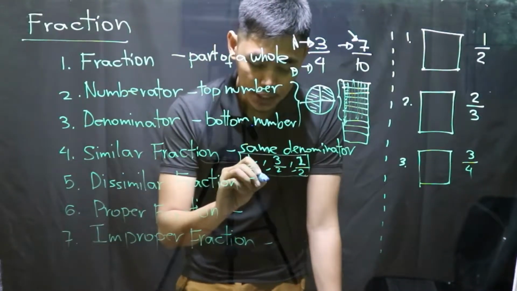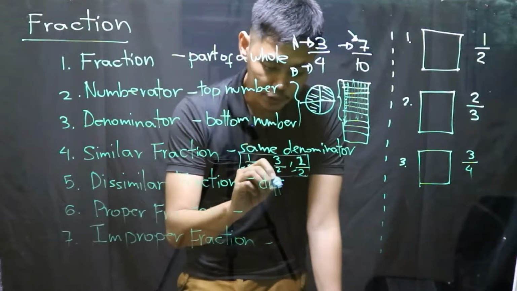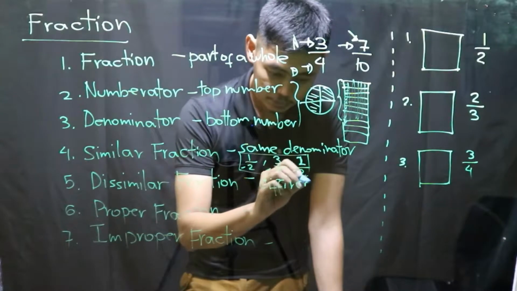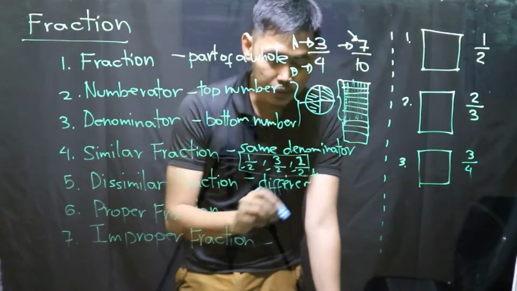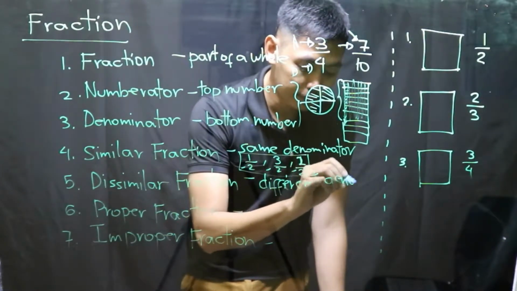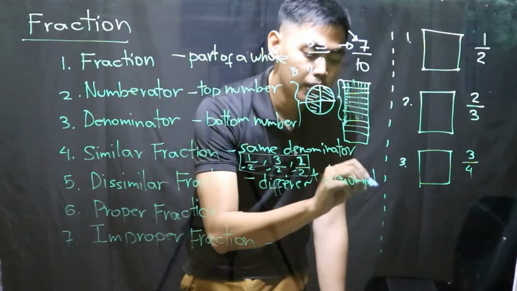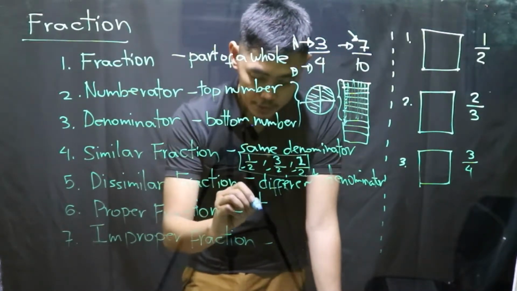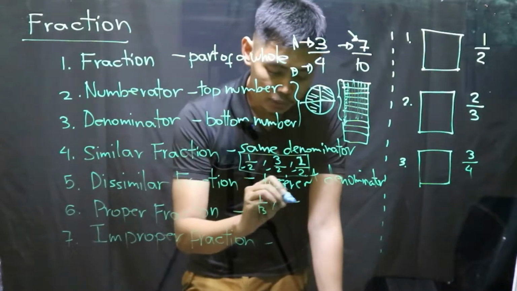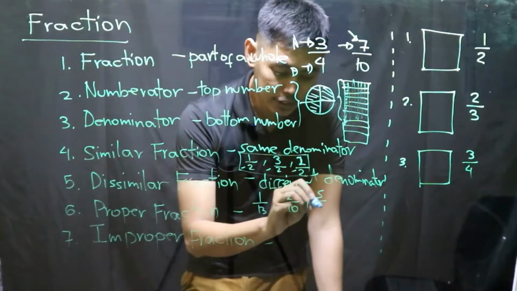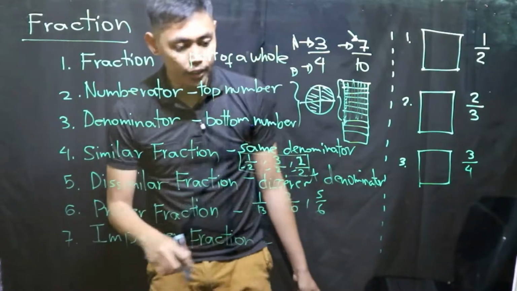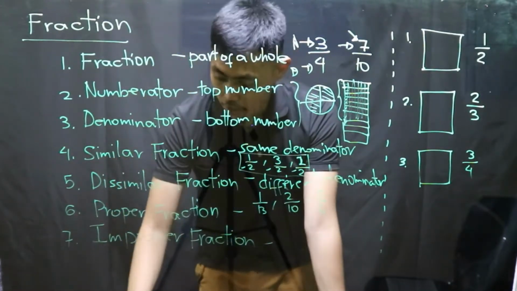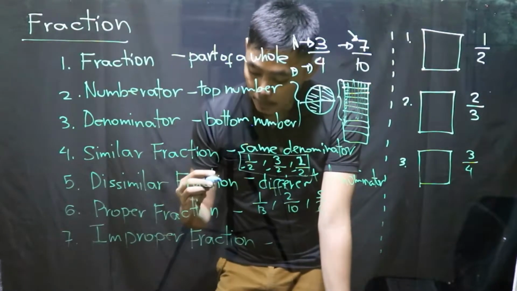Dissimilar fractions have different denominators. For example, 1 over 13, 2 over 10, 5 over 6. These fractions have different denominators.